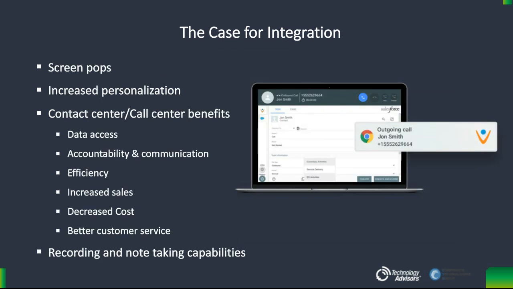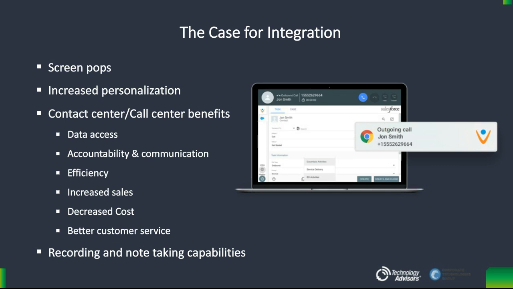Okay, what else can we look for in integration? Well, screen pops, that refers to the process of just presenting the end user data to an employee automatically during an interaction, so they don't need to manually search for the customer data. So when a call comes in, the customer data pops onto the employee's screen. Increased personalization. So generalized sales pitches are replaced by these targeted communications and constructed using the information from the CRM.